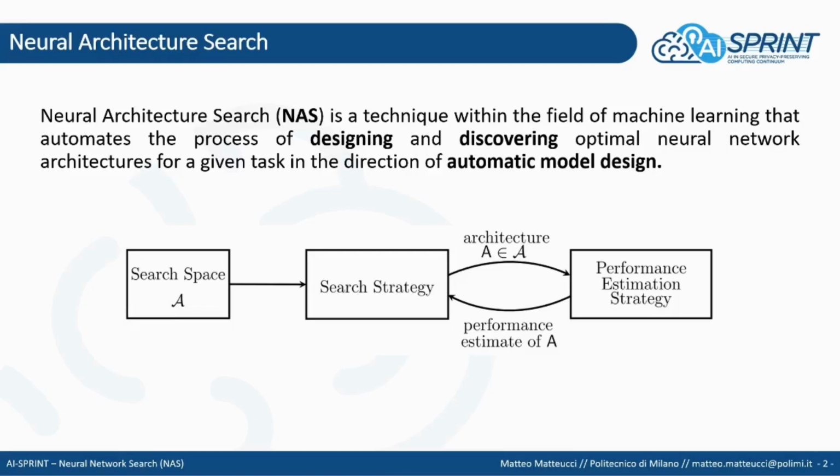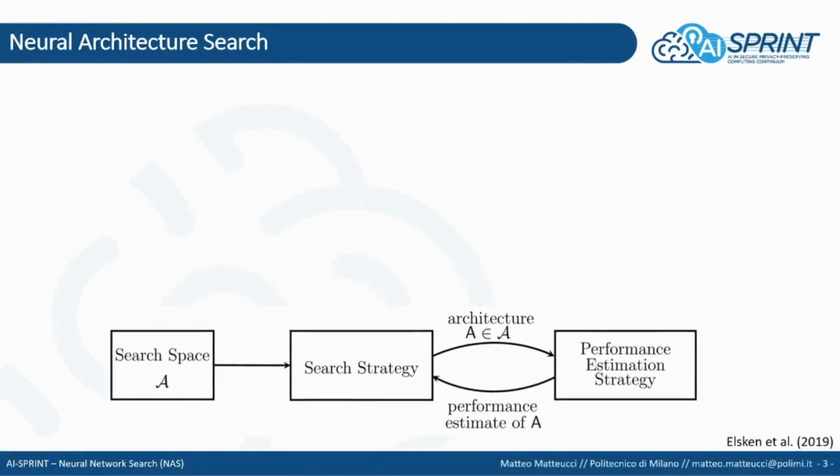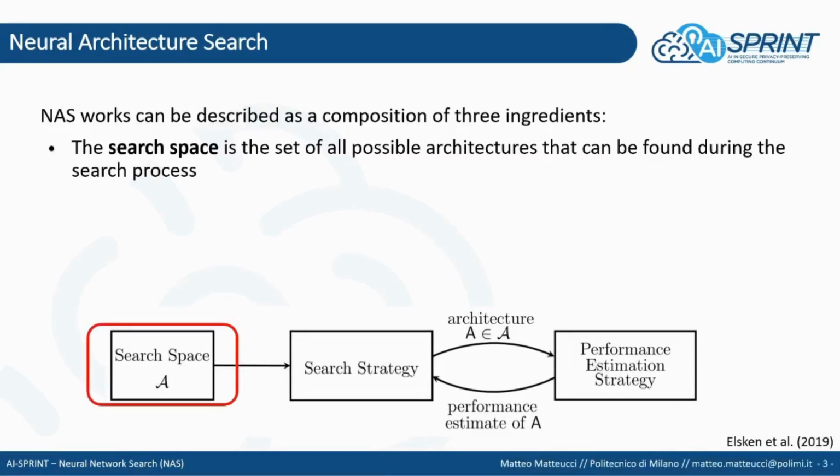So you can imagine the search space as the set of all possible models. The search strategy is the criterion for which we select one specific architecture from this set, and we provide this specific architecture for evaluation. The performance evaluation strategy will return the performance of the model. Now, the search space, as I already introduced, is providing you all the possible networks that a given algorithm can find.